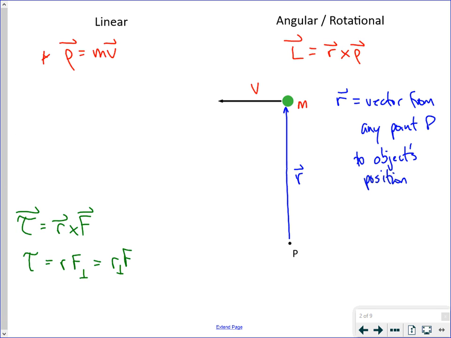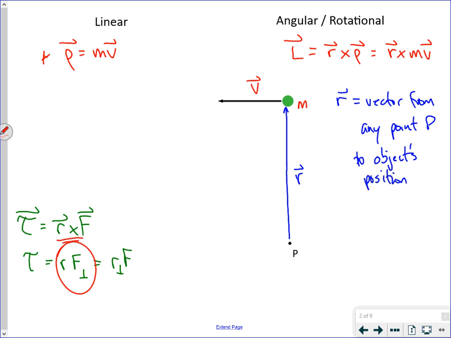Because by definition, in order for a cross product to have any non-zero magnitude, one vector has to have a component perpendicular to the other. In this case, our velocity is entirely perpendicular to this vector r, and this is really saying r cross m v vector. You can take the m and pull it out in front if you want.